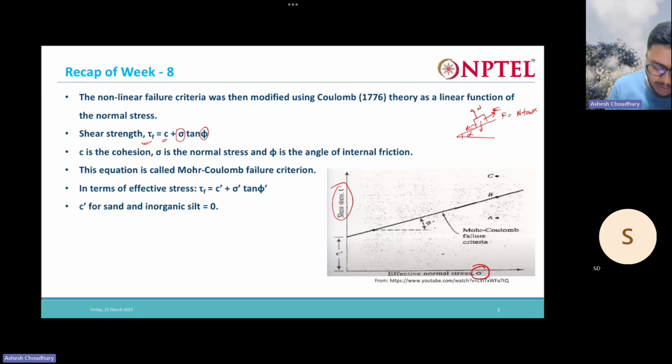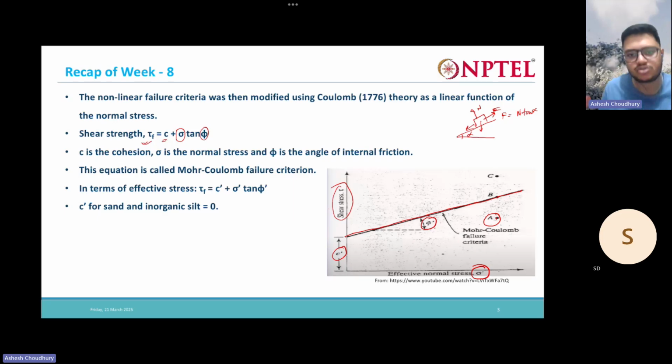Here you can see we can plot the shear stress against the effective normal stress. You can see we'll get a straight line, something like this. This is nothing but our Mohr-Coulomb failure criteria. This straight line makes an intercept of C prime here, which is nothing but the cohesion. The slope of the line is phi prime, the effective angle of internal friction. Now any combination of shear stress tau and sigma prime which plots at point A means the soil is not on the verge of failure.